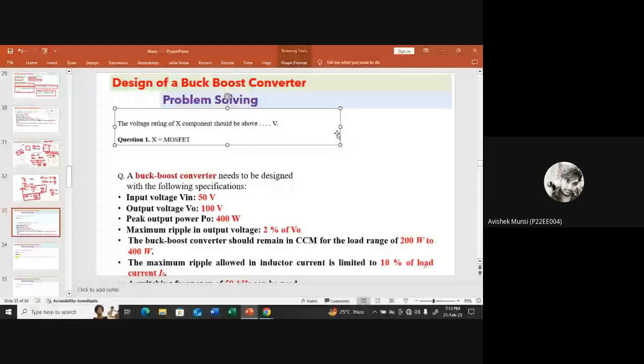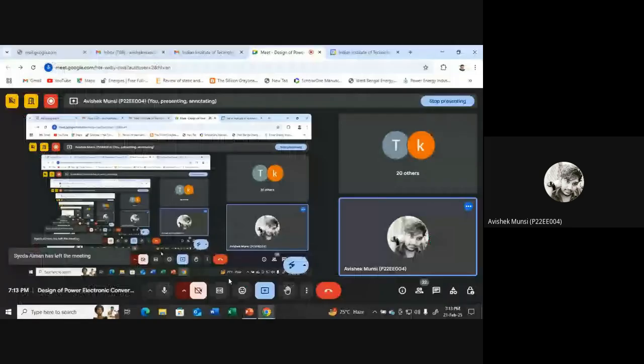Try this question. Okay, I'm giving 2 minutes. Try to solve it in a faster way. The voltage for X as a MOSFET, X as the diode, X as the capacitor. 3 questions.